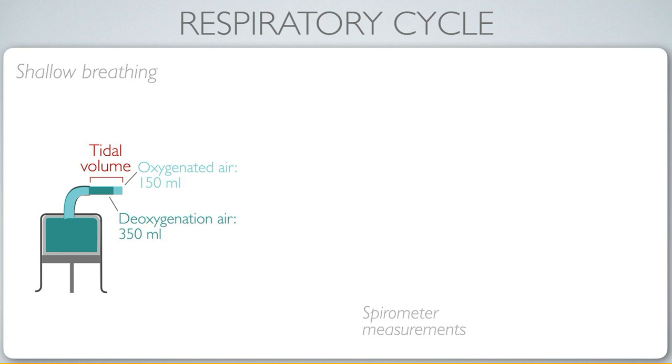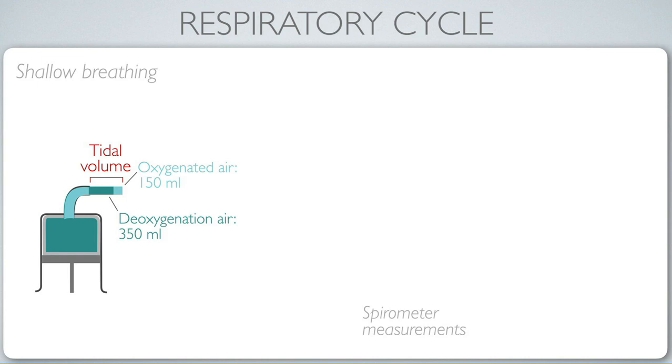So now, if we were to study the respiratory system and consider its performance, we'd be interested in how much exchange occurs. In the case of the cardiovascular system, we had the cardiac output, which was equal to the stroke volume times the heart rate.